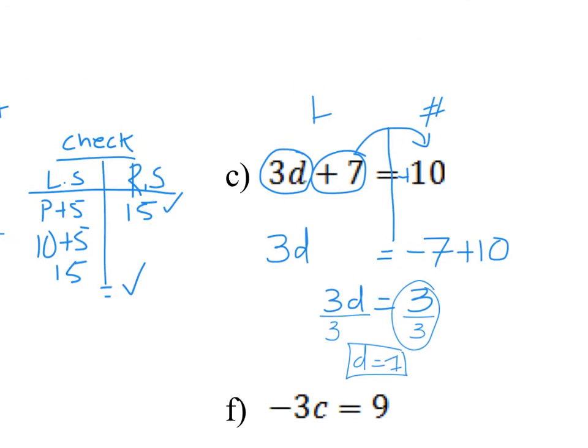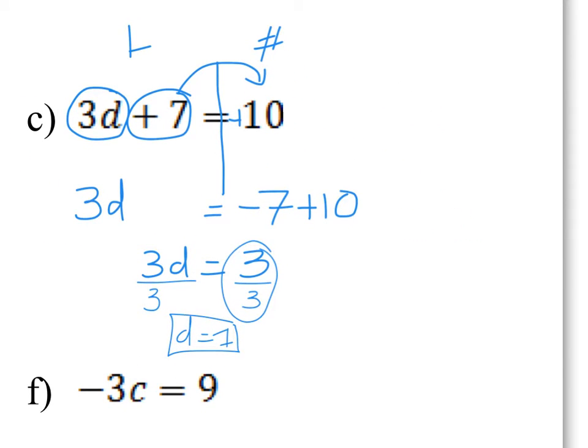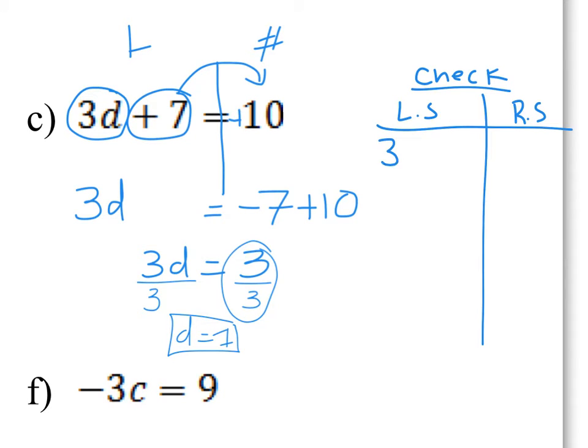Again, we can check this because this was a little bit more complicated because it was a two-step solution. We can perform our check, which has a left side and right side. On my left side, I'll write in 3D plus 7.